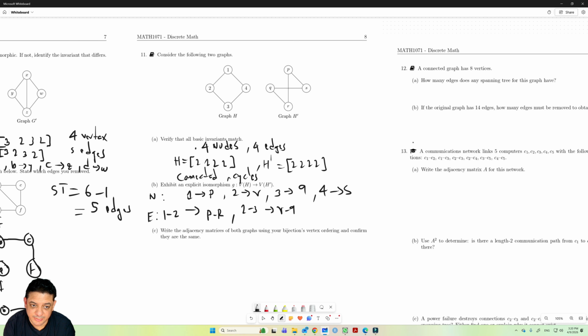So notice that this one, 2, 3, goes to the RQ, so it goes to this one. Then the 3, 4 is going to go to QS. And the 4, 1 is going to go to the SP.